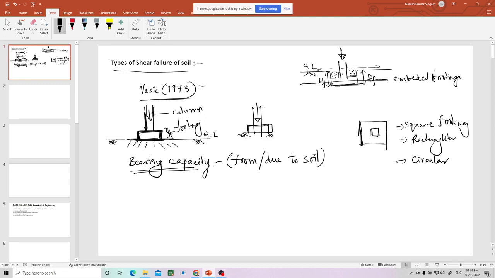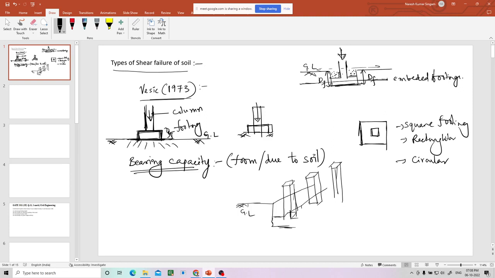I'll draw a rough 3D diagram. This is the ground level, and this is a column. Suppose there are a number of columns, another here, another here like this.